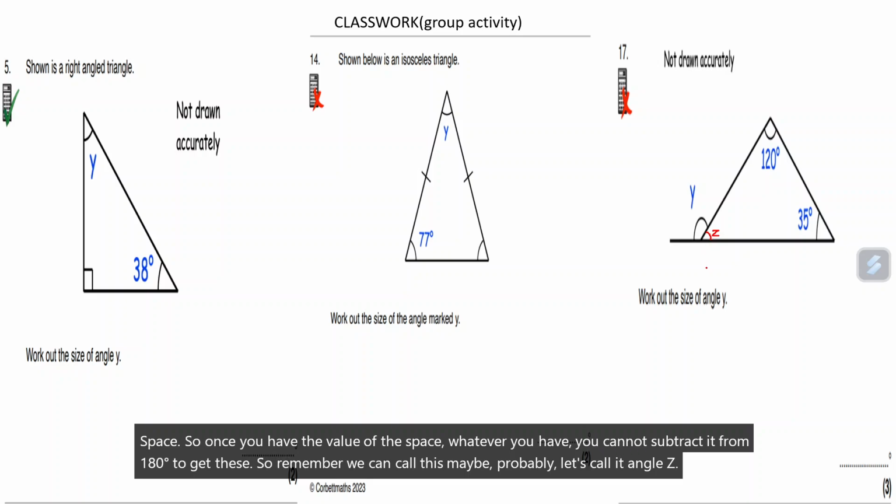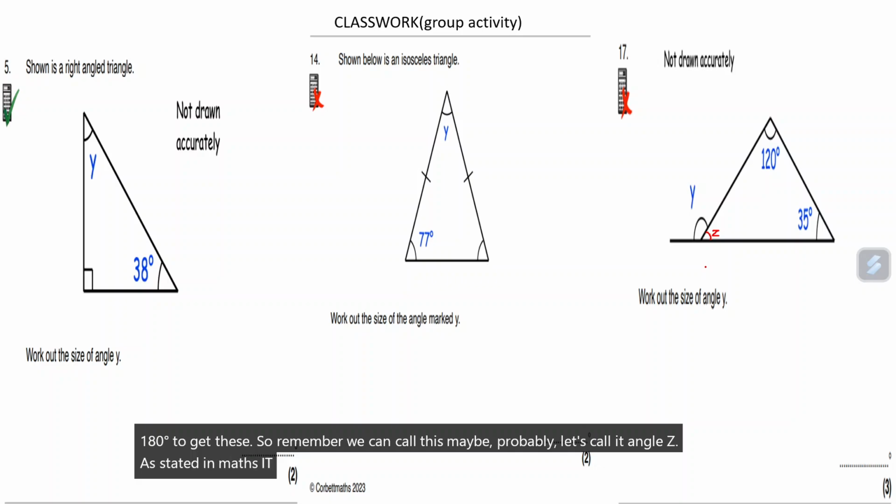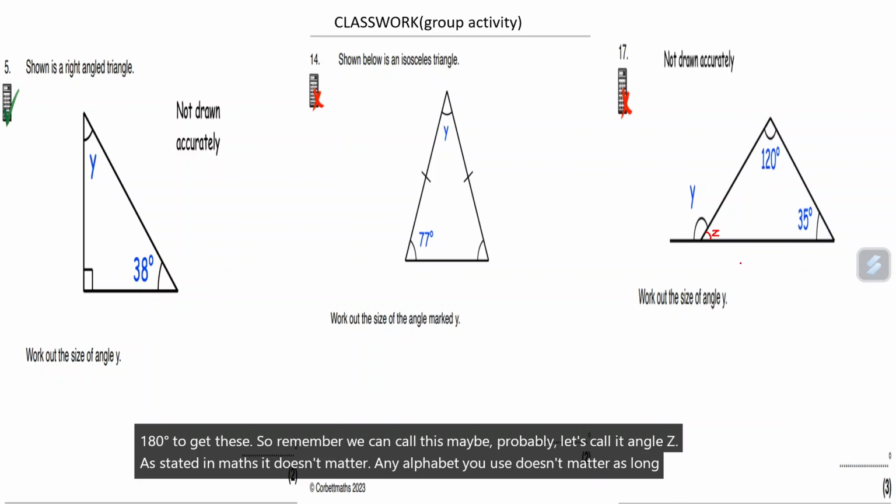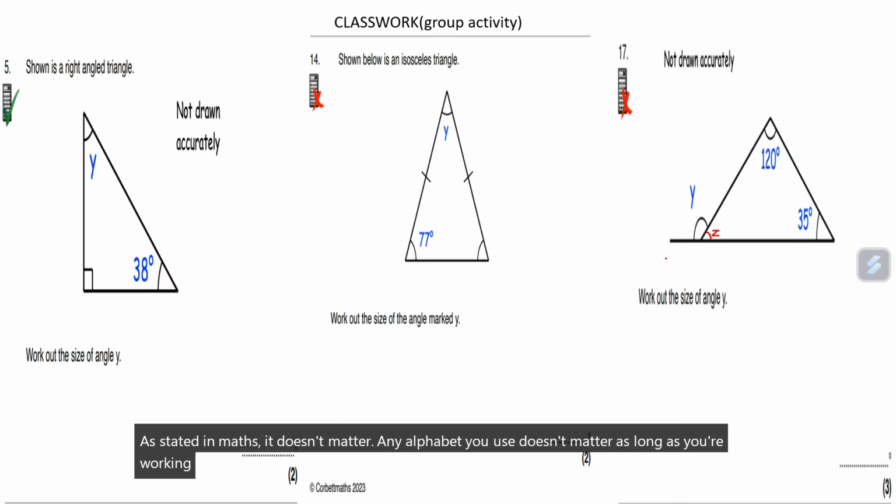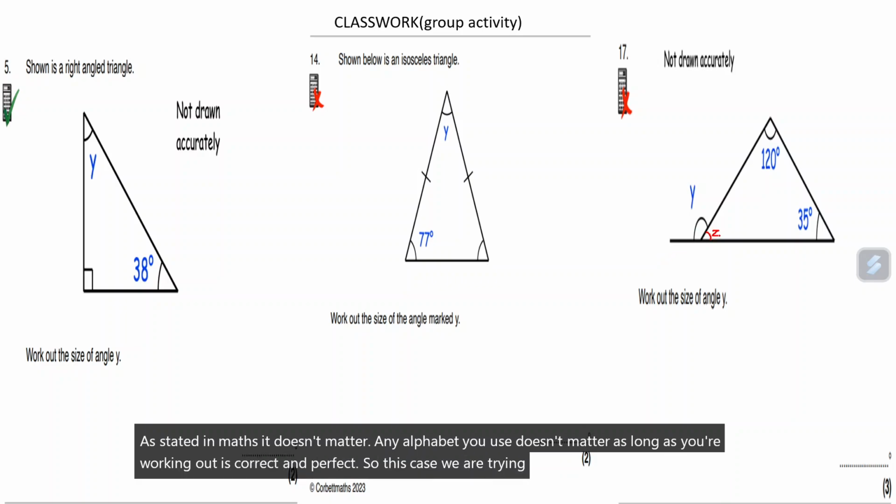I've stated in maths, it doesn't matter what alphabet you use, as long as your working out is correct and perfect. So in this case, we are first trying to find the angle Z here.